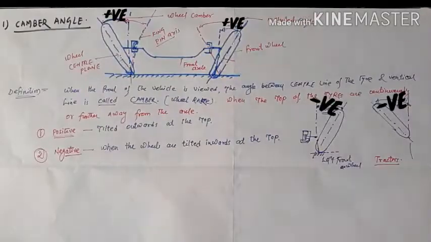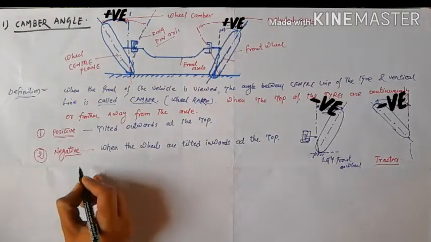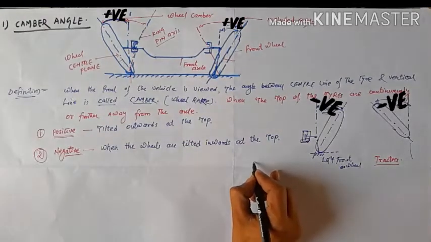The positive camber angle is used for off-road vehicles, say a tractor.